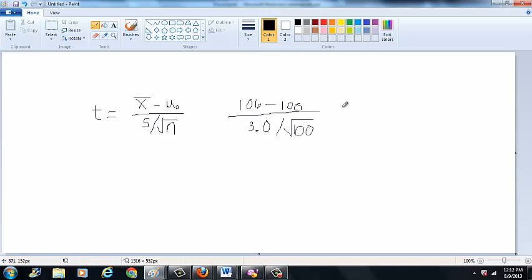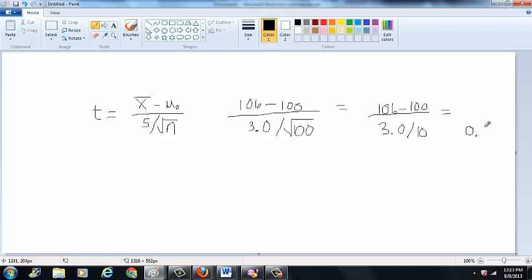Let's solve the square root part first. On the bottom we have 3.0 over the square root of 100, which is 10. And on the top we still have 106 minus 100. On the bottom we have 3 divided by 10, which is 0.3.